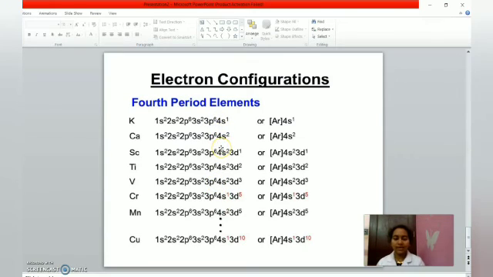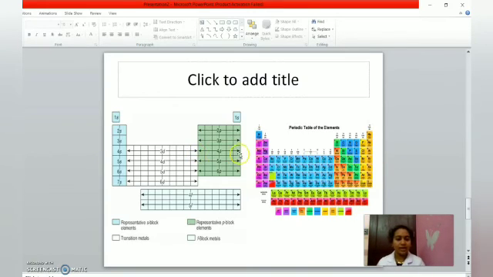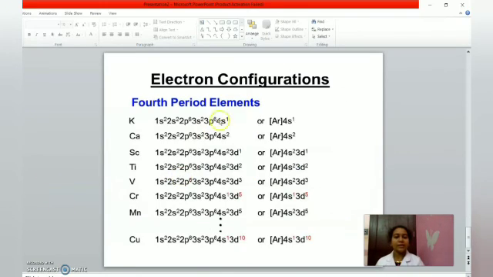If we check all the elements, potassium, calcium, scandium, titanium, vanadium, chromium, manganese, they are fourth period elements, isn't it? If you check here, the last electron entered the fourth main shell. So they are in the fourth period.